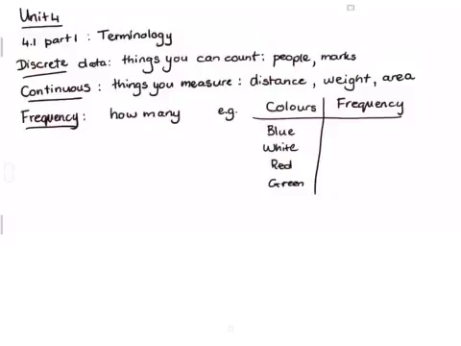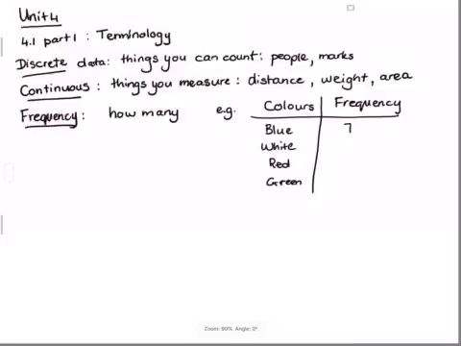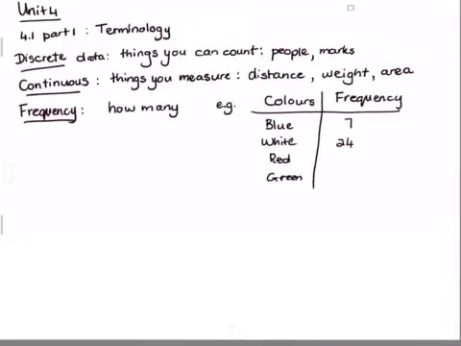If I count 7 blue, then the frequency for the category blue is 7. The frequency for white might be 24. 5 red, 8 green. So the frequency is how many blue, how many red, how many white, how many green.